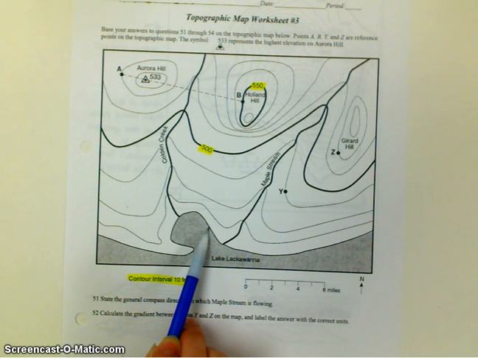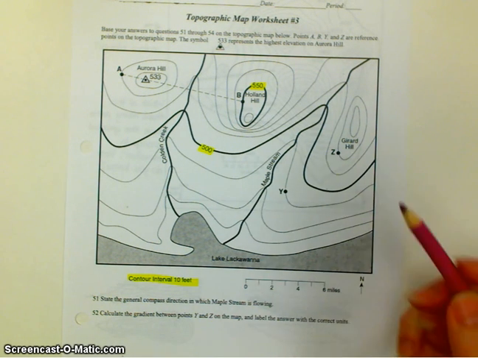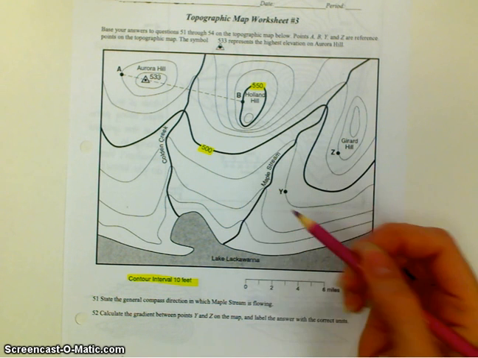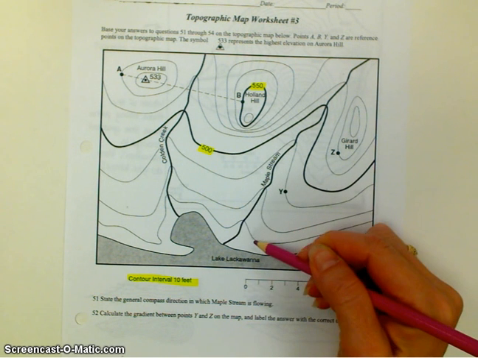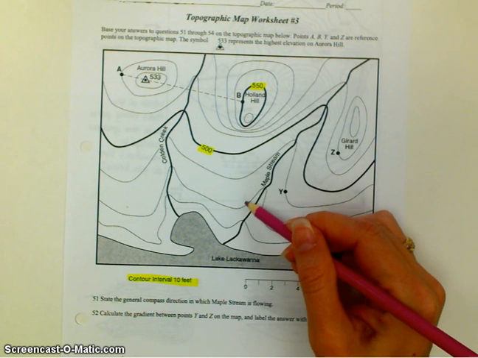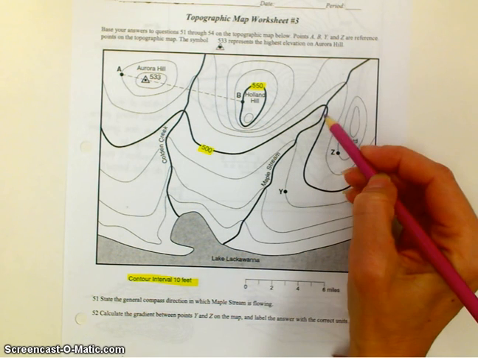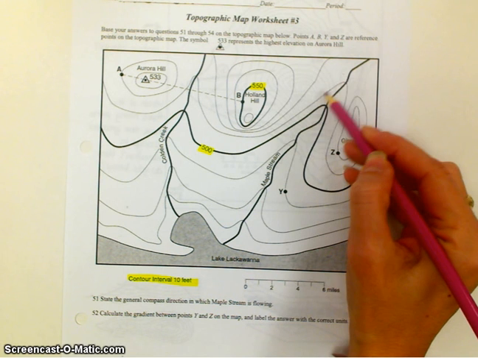All right, the next thing that I want to show you on the topographic map is how to figure out what your rivers and streams are doing. Okay, so let's look at Maple Stream first, right here. You notice that as you cross the stream, the contour lines sort of kink, and they all kind of kink or point in the same direction.